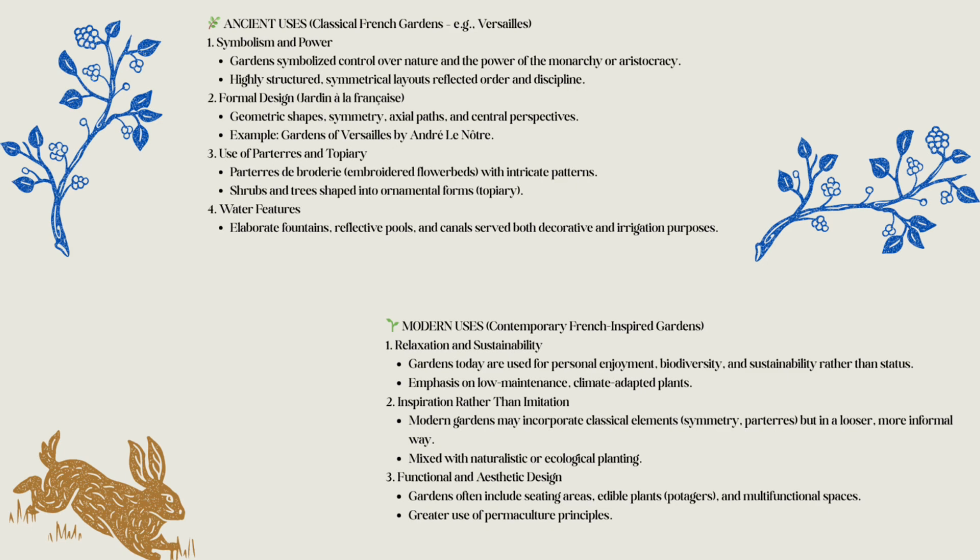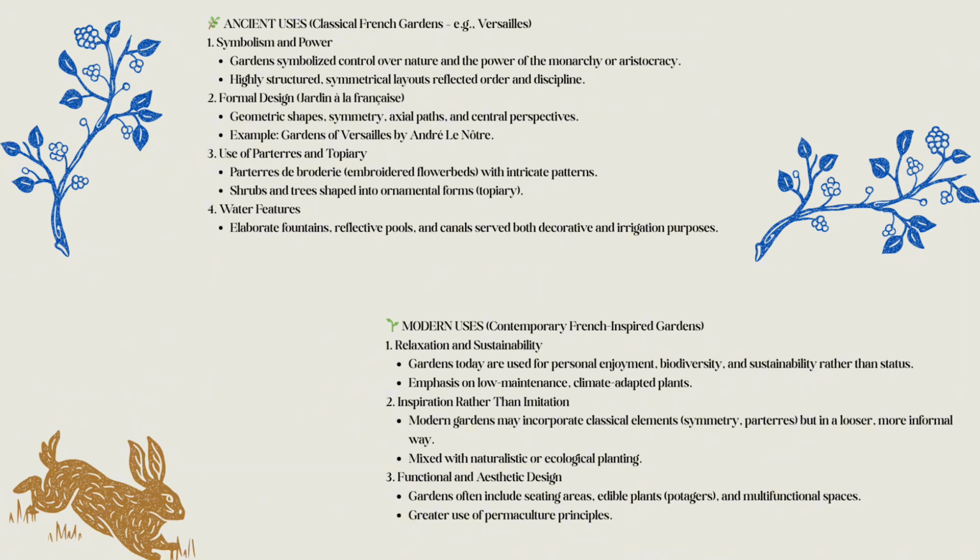For the modern uses, it also shows relaxation and sustainability. Gardens today are used for personal enjoyment, biodiversity, and sustainability rather than status, with an emphasis on low-maintenance, climate-adapted plants. The second point is inspiration rather than imitation.